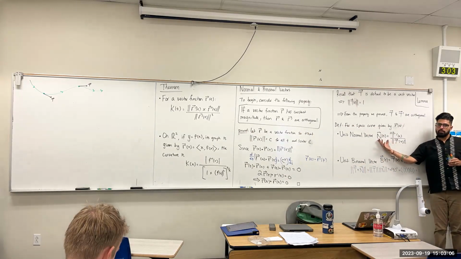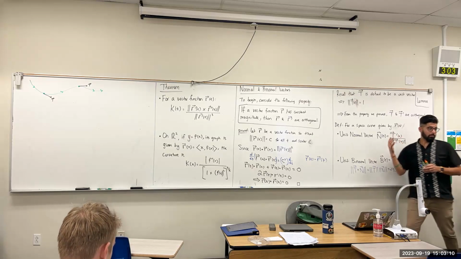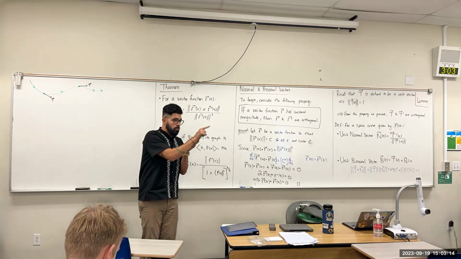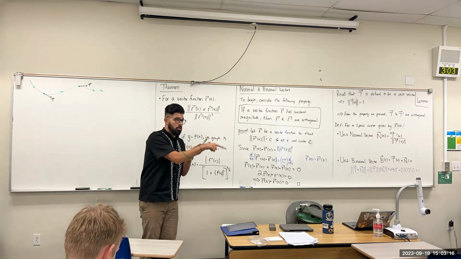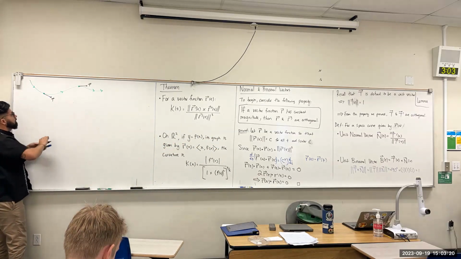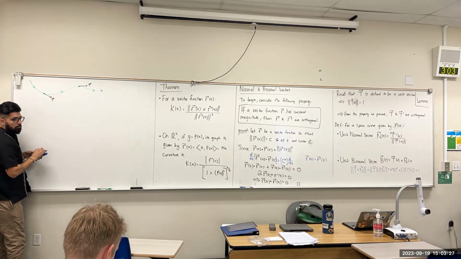Because N is defined to be the change of T, N points in the direction in which T is curving, which is changing. So if this vector is changing, is it changing this way or going up? Use the right hand rule.